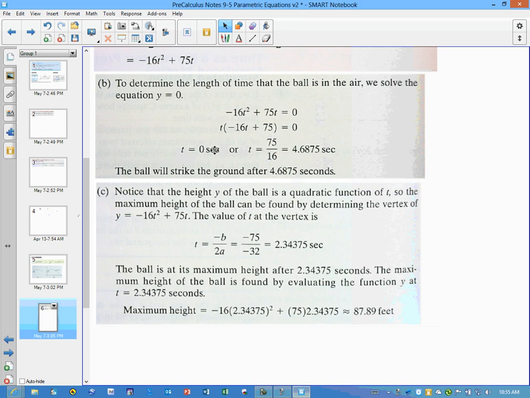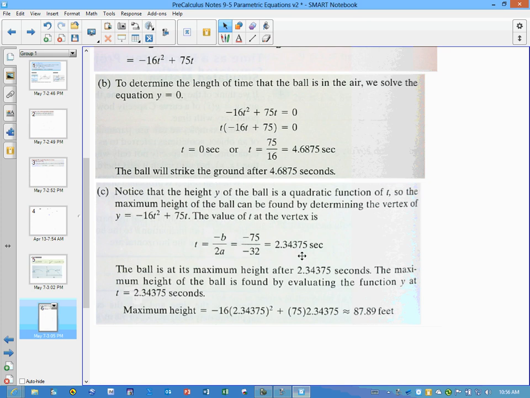So really the vertex is going to be in between these two. So if you simply took the 4.6875 seconds divided by 2, you're going to get the 2.34375 seconds. So if you understand the geometry of the problem, you could have just divided that number by 2 to get that. Or x equals negative b over 2a.